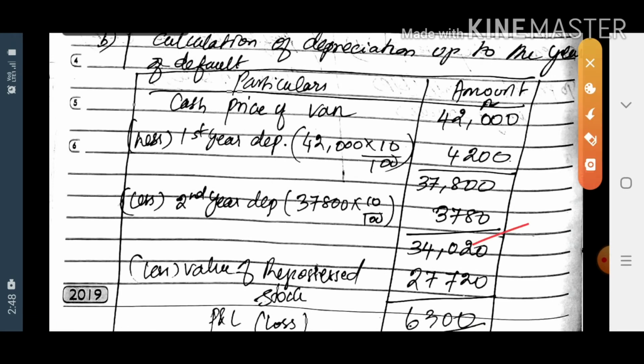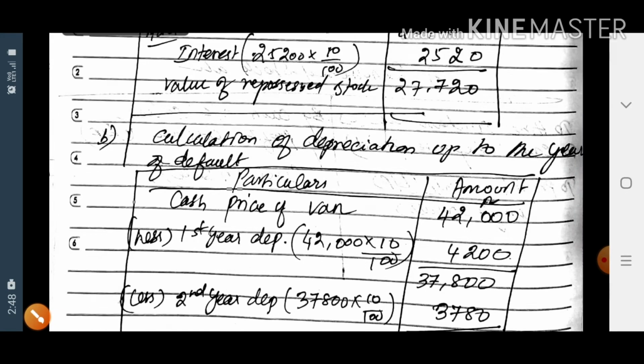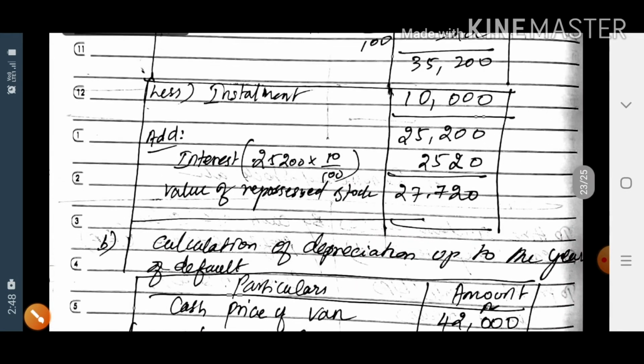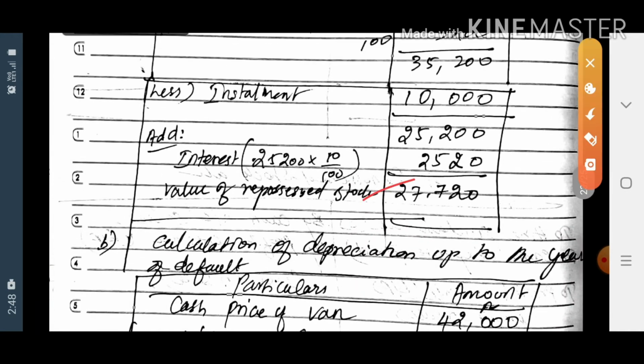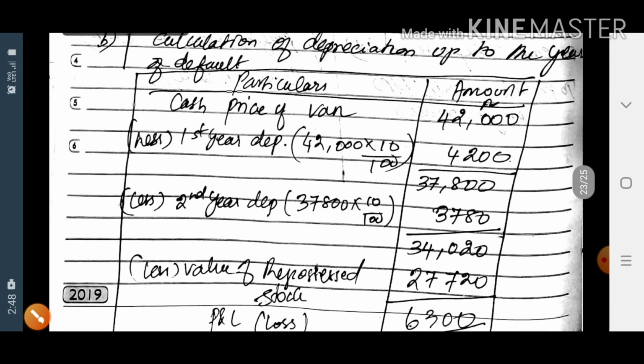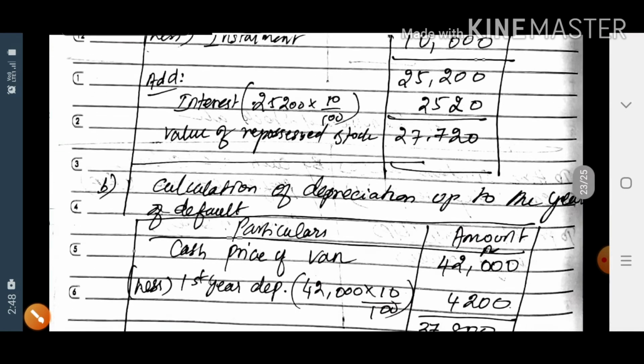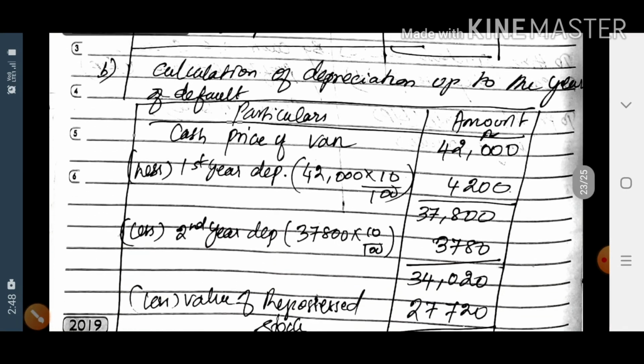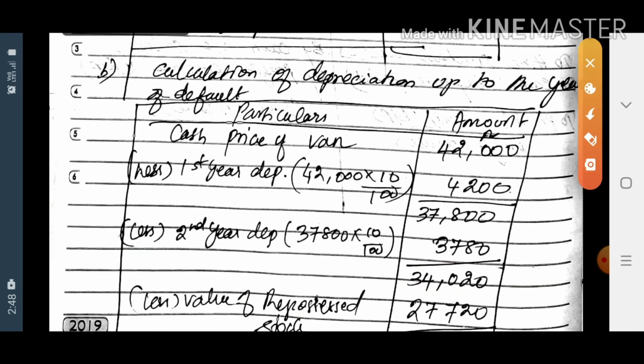34,020. Now see, the value of repossessed stock is 27,720, so the value of the asset is 27,720. Now the value of the asset after depreciation comes around 34,020.